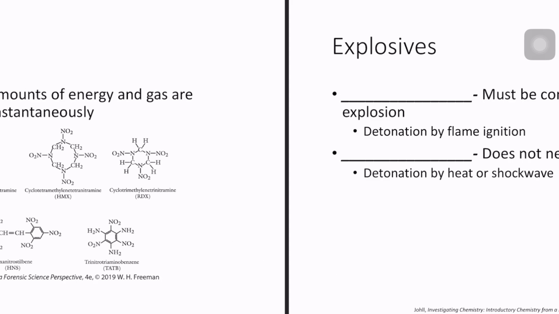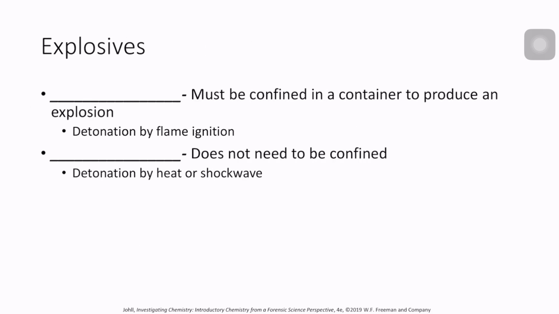Now we have two different types of explosions. A low explosive is one where you have to have it in a container. If it's not in a confined container, then it won't produce an explosion.